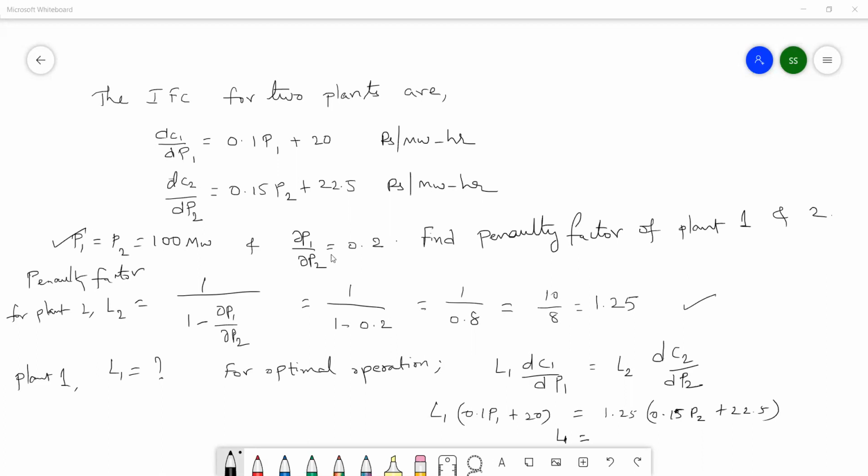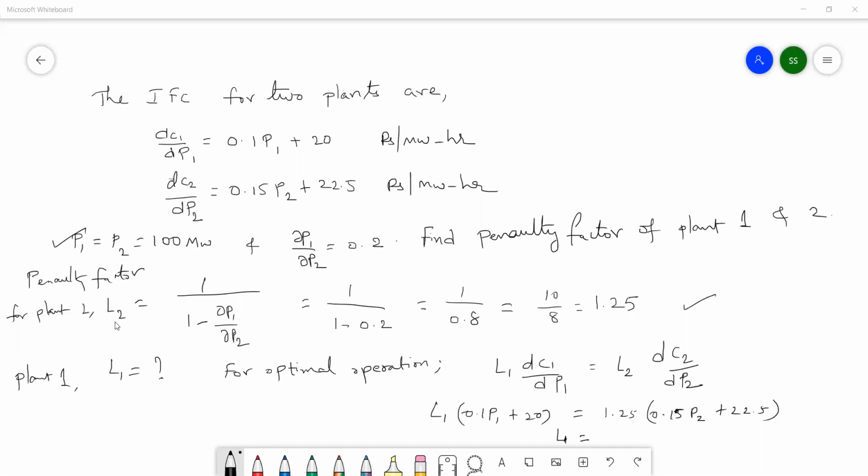Here, for the given data, note down the incremental fuel cost for plant 1 and plant 2, and at which generation and load it is operated.